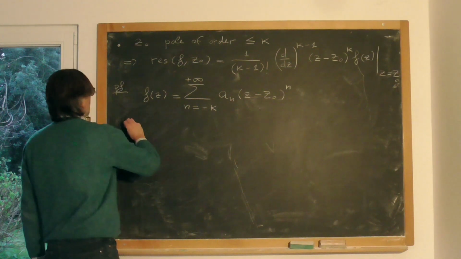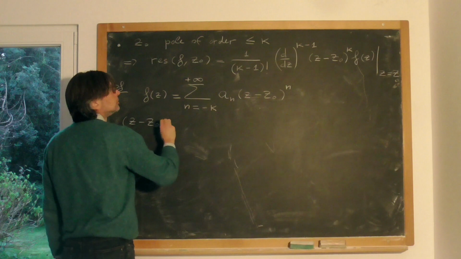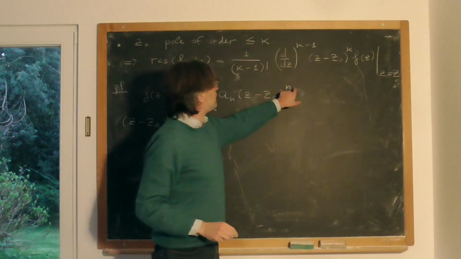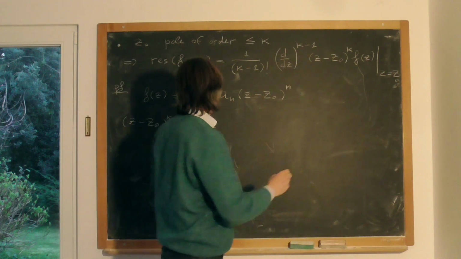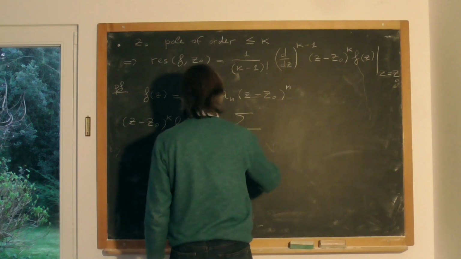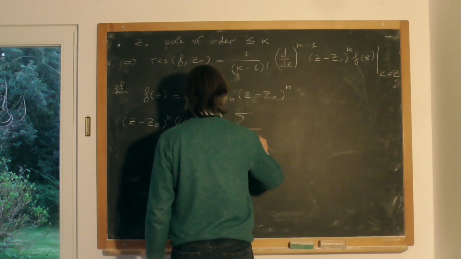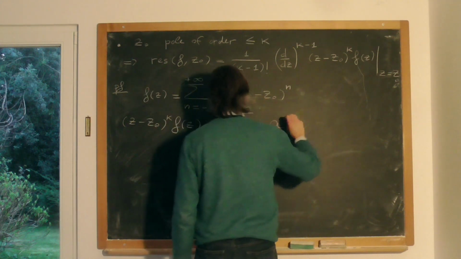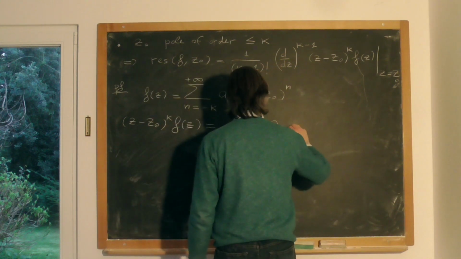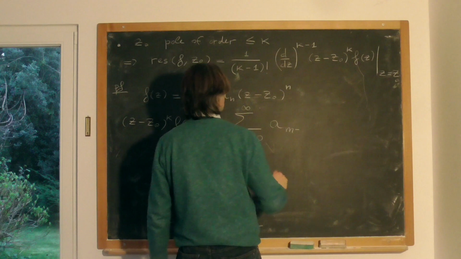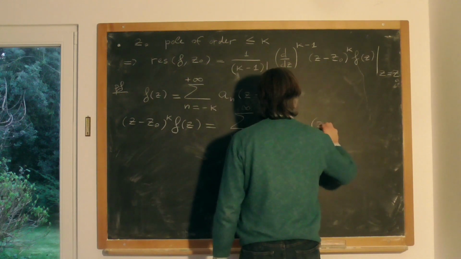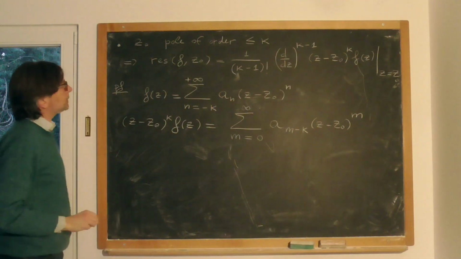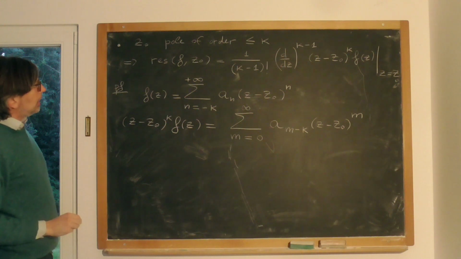And then when we multiply by (z minus z naught) to the power k, we increase this power by plus k, and by shifting the indices, we can rewrite it as a sum, let's say m goes from 0 to infinity, of a_{m minus k} (z minus z naught) to the power m. Okay?